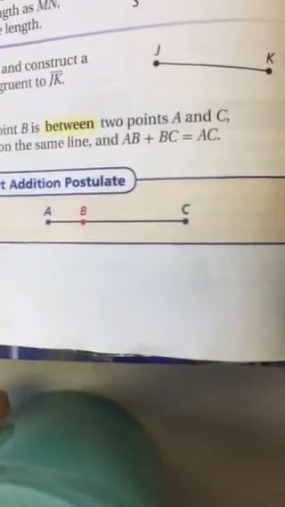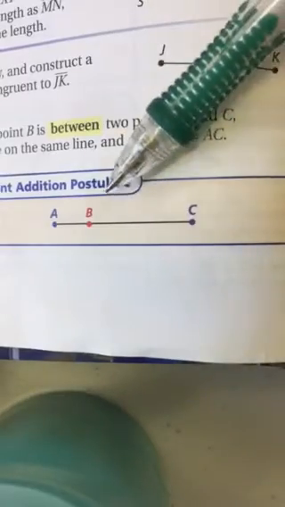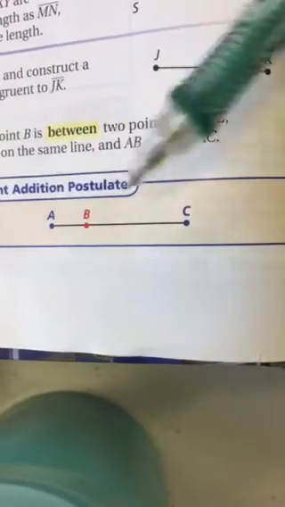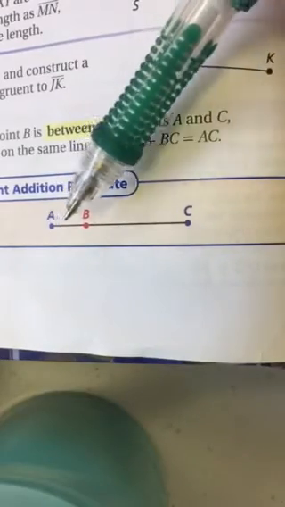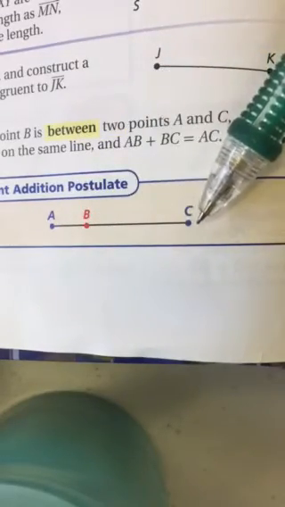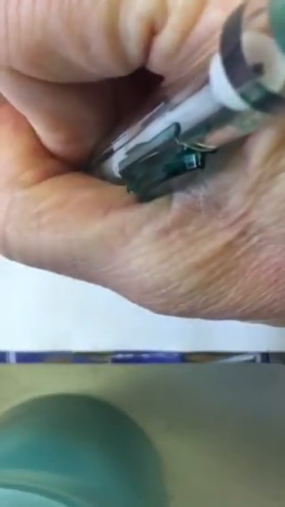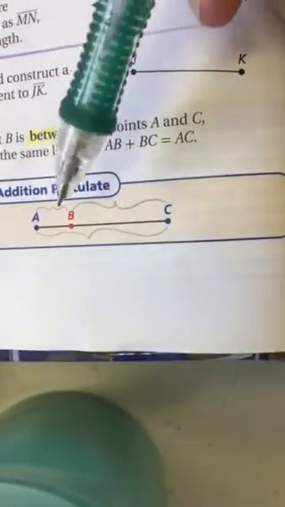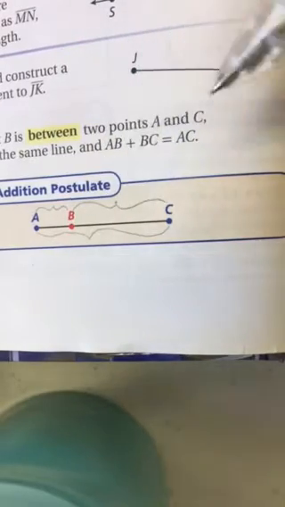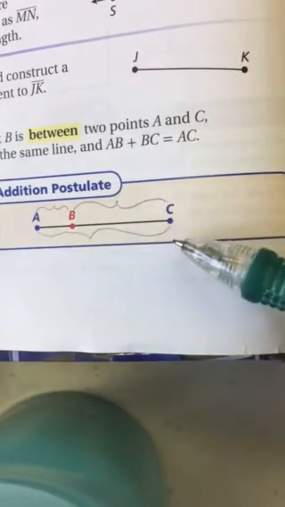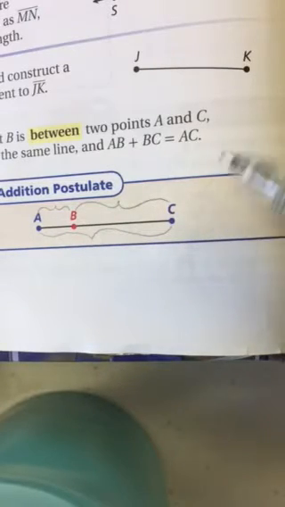This is saying, and I'll just let you look at the line while I read, it says if B is in between A and C, then AB plus BC equals AC, or the distance between A and B, line segment AB, plus line segment BC totals line segment AC, the whole length of the line. So part plus part equals whole.